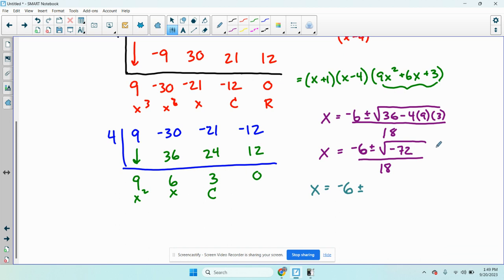But the square root of 72, I can write 72 as 36 times 2. Square root of 36 is 6. So this is 6i root 2 over 18. And very last, they all have a 6 in common. So we're left with -1 plus or minus i root 2 over 3.